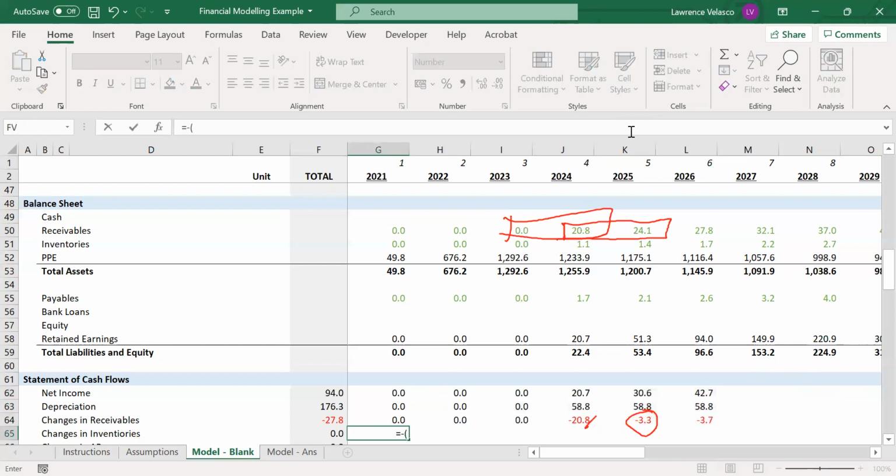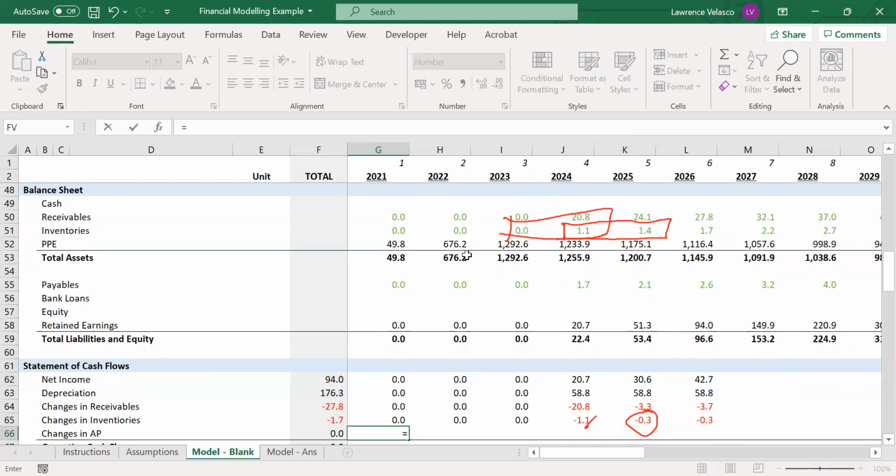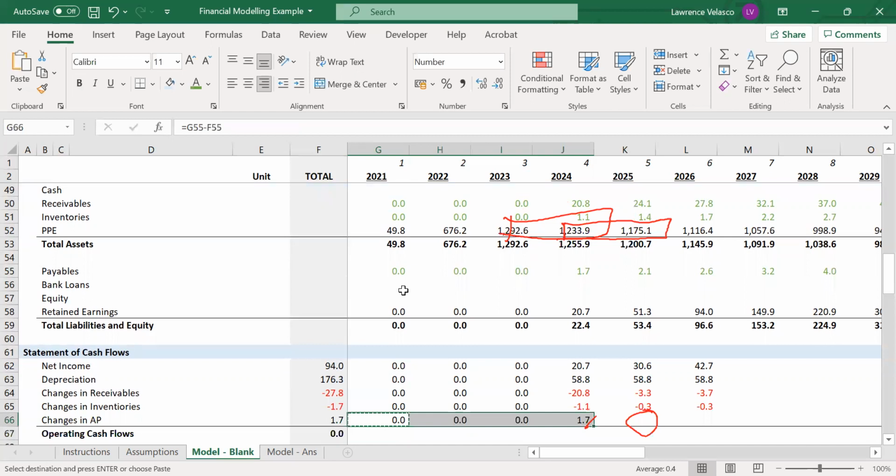Ganun din ang inventory kasi current asset din naman yun, versus the previous year. Changes in AP. Pag AP, accounts payable, therefore an increase is an addition. So let's analyze this. From 2023 to 2024, there's an increase of 1.7.